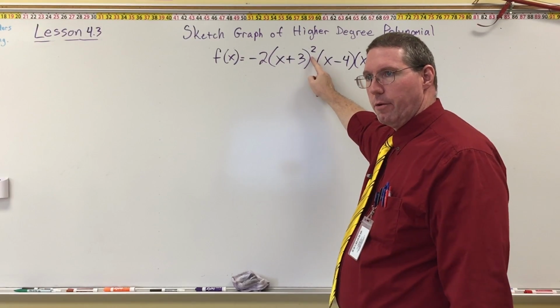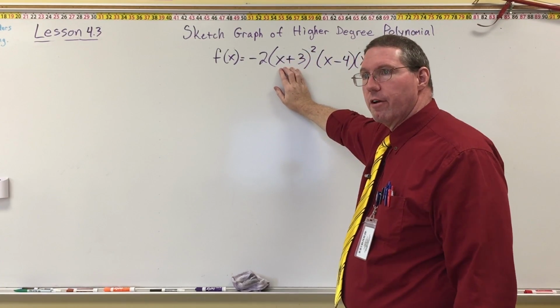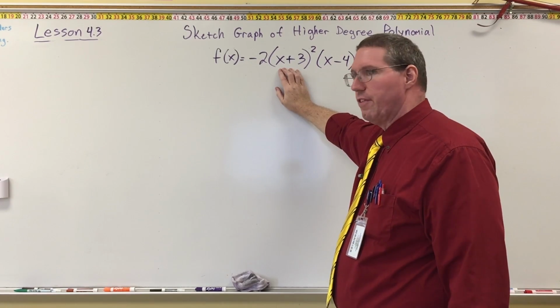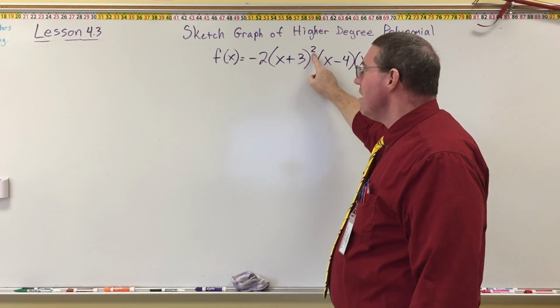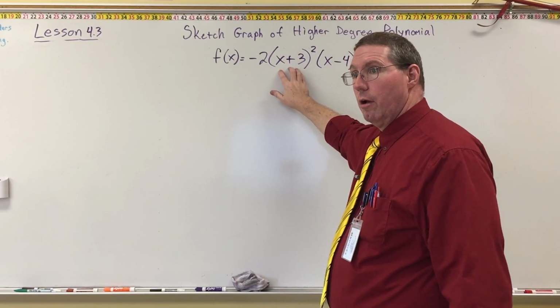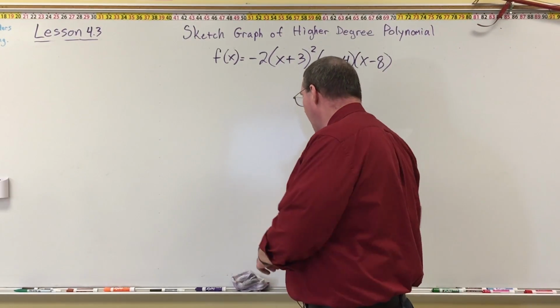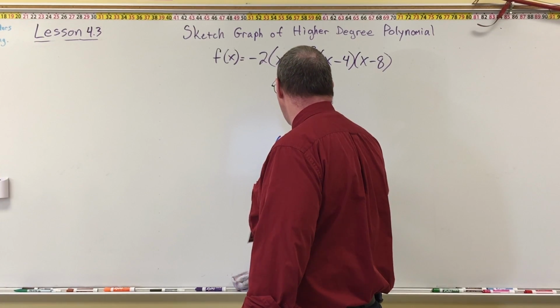This is telling us that at this particular x-intercept, we're not going to cross over the x-axis, because this is even. This is called the multiplicity of the factor. So just to give you an idea, let's say we had a factor in a polynomial that said x.